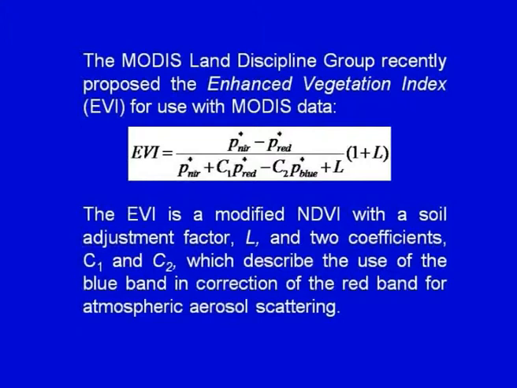They gave the relationship as EVI is equal to NIR minus the red reflectance multiplied by 1 plus L, which is the soil adjustment factor, divided by the NIR plus constant C1 multiplied by the red reflectance minus constant C2 multiplied by the blue reflectance plus the soil correction factor L. The EVI is a modified NDVI with a soil adjustment factor L and two coefficients C1 and C2, which best describe the use of the blue band in the correction of the red band for atmospheric aerosol scattering.